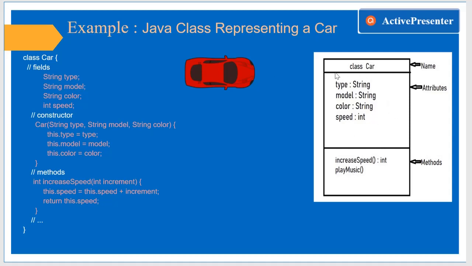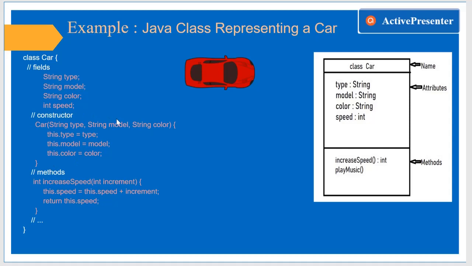So how do we write this in code? Class Car, fields: String type, String model, String color, int speed, and this is the constructor. The constructor has the same name as the class.